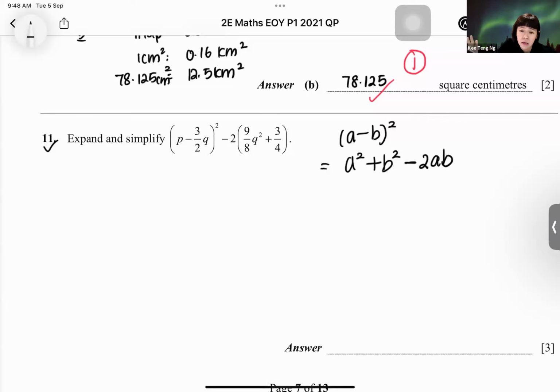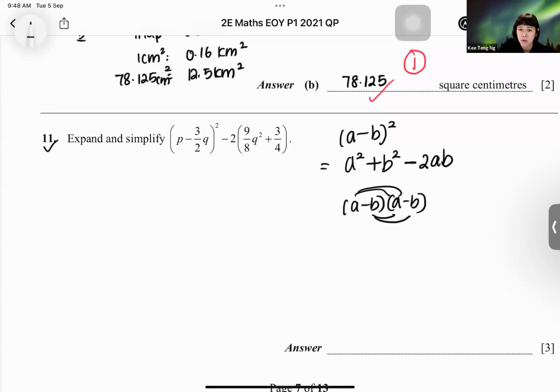It is not A square minus B square. It's A square plus B square minus 2AB. For students who are unable to do this, doesn't matter. You can still write the whole thing 2 times and then expand 1 by 1.